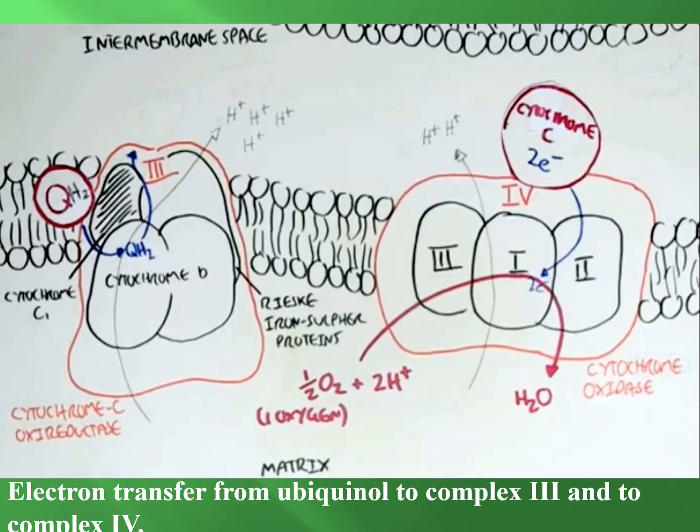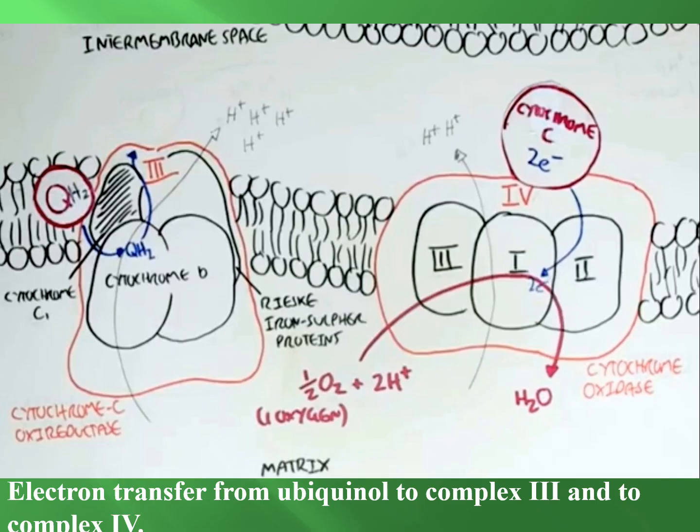Now this ubiquinone brings the electron to complex 3, that is cytochrome C oxidoreductase, and again the H ions are being transported from the matrix to the inner membrane space.